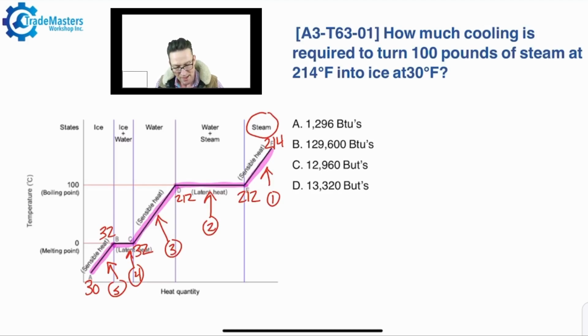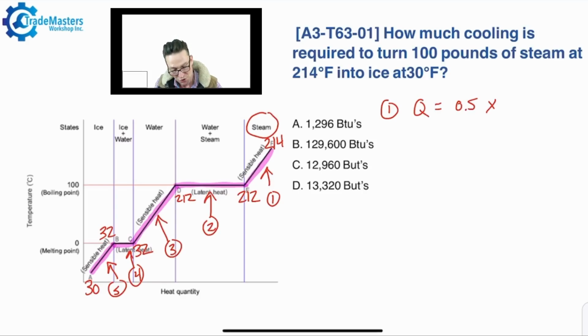So let's start with step 1. We are basically removing sensible heat energy from steam and cooling it from 214 to 212 so that we can then start liquefying it or condensing it. So step 1 means that we're going to use the sensible heat formula of Q, the amount of BTUs of heat energy removed, is going to equal the specific heat of steam, which is 0.5 BTUs per pound, right, times the change in temperature.